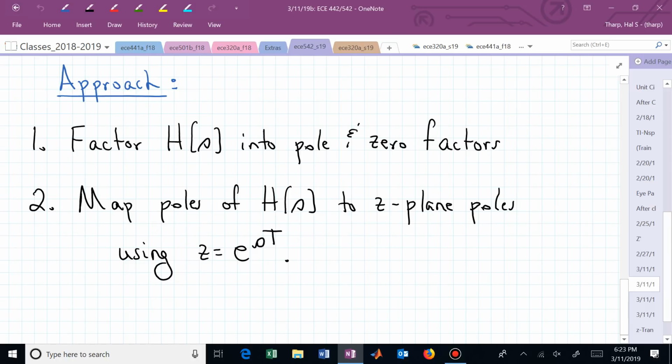We're going to factor H(s) into pole and zero factors. That will make it clean as to how we map poles and finite zeros into their appropriate factors in the discrete equivalent. Again, this is a discrete equivalent for scenario number 1, where we do not have a hold device.